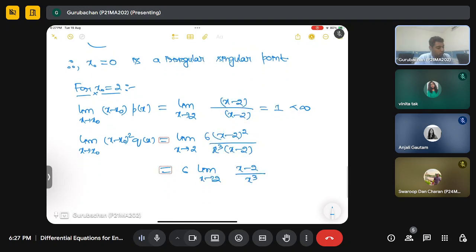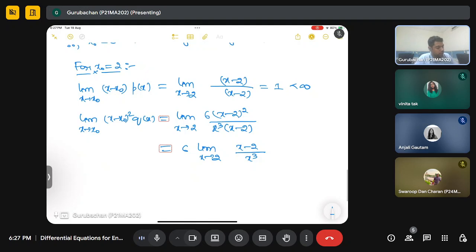When you think about putting x equal to 2, clearly this quantity is not in any kind of indeterminate form, so we can say it is a continuous function. So you can directly put 2 here and it will give you 0 divided by 2 cube, which is 0. That is a finite quantity.